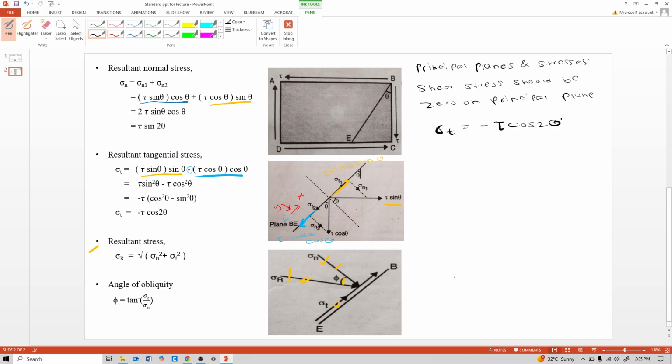Consider 2 theta is equal to 90 degree or 270 degree. That means theta is equal to 90 upon 2, which is 45 degree, or 270 upon 2, which is 135 degree.